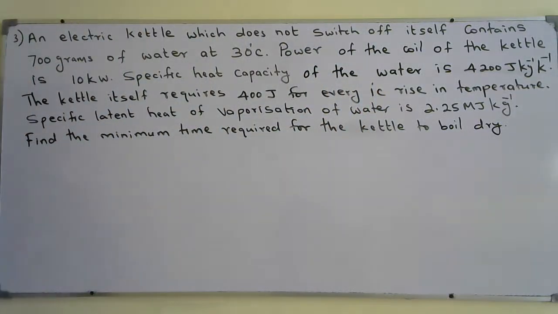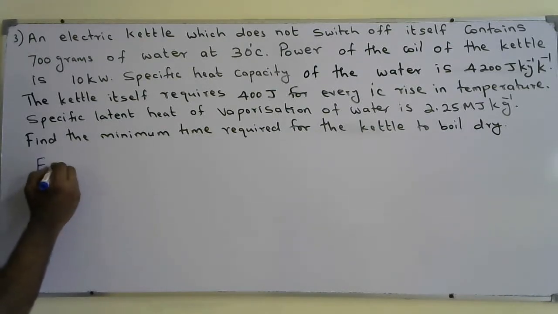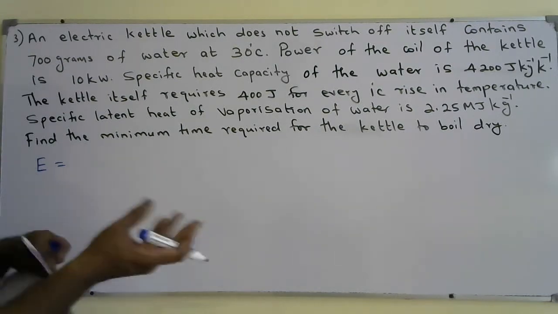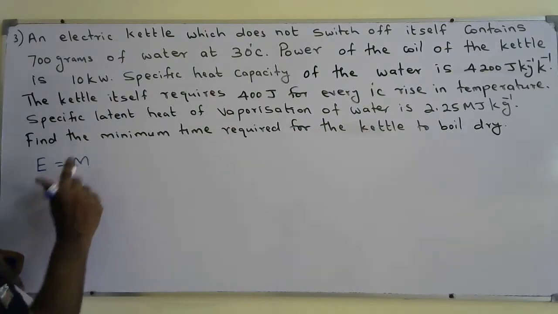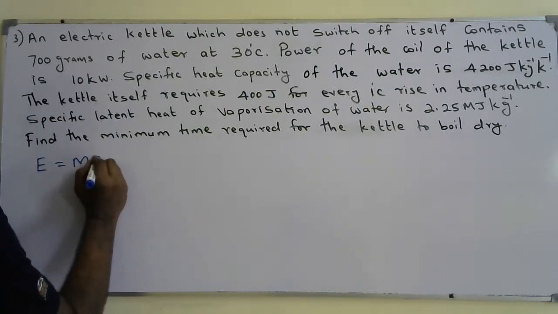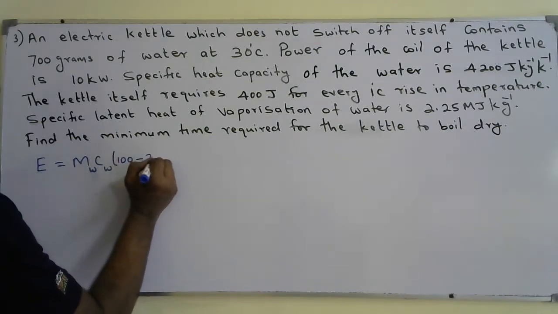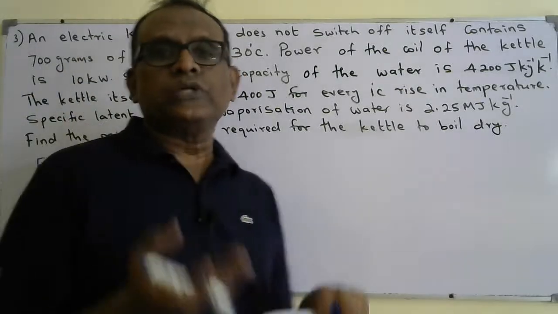So the total energy required is, first, we need to bring the temperature of the water to 100 degrees Celsius: m_w c_w delta T, where delta T is 100 minus 30. Then the temperature of the kettle also should increase.